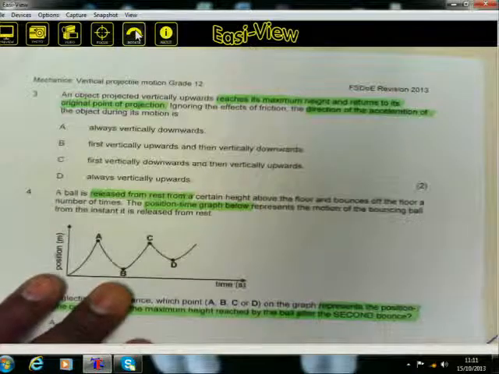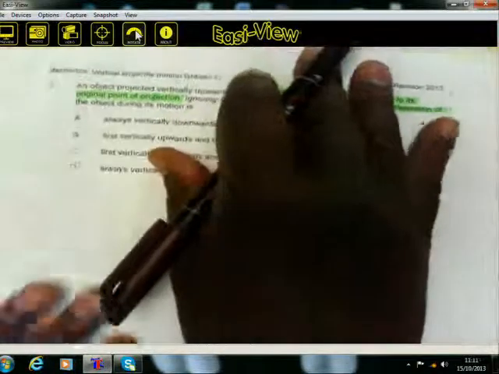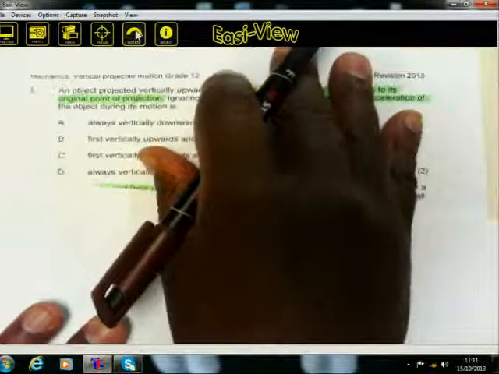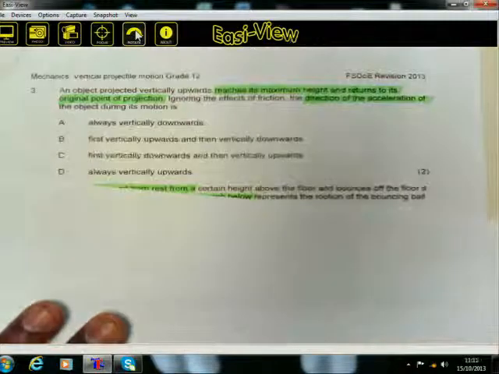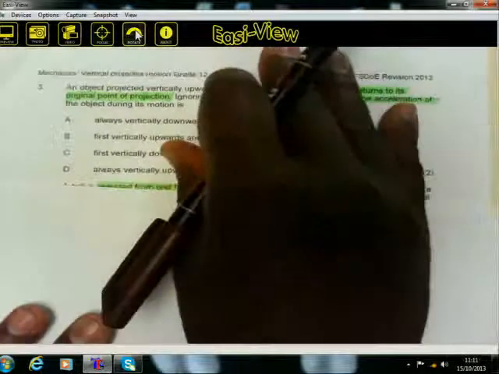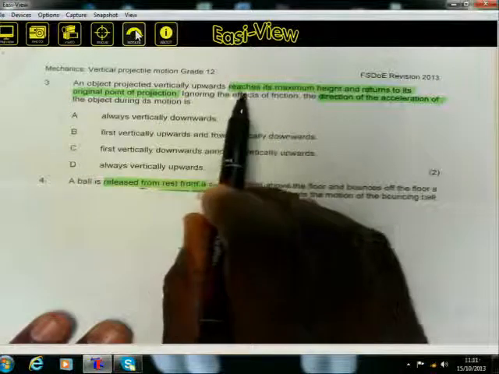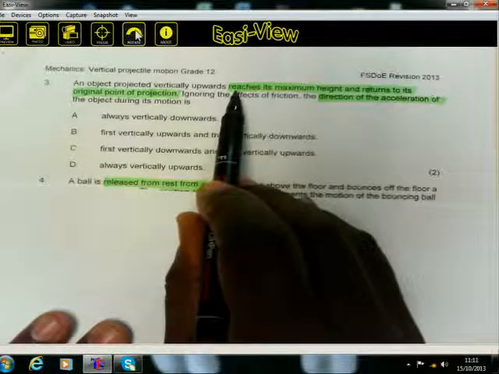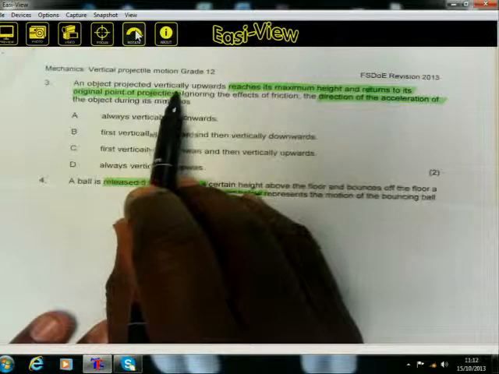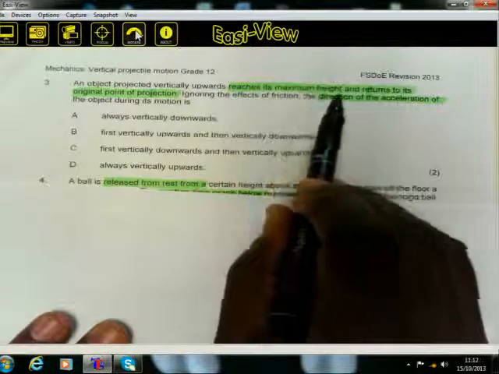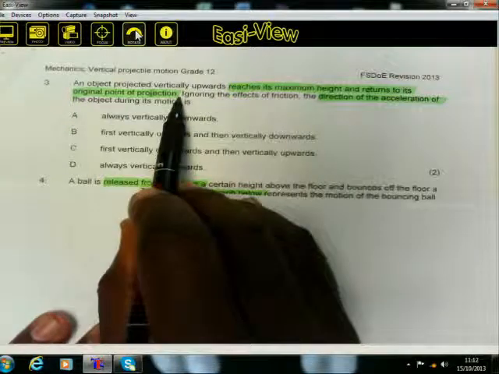Now let us look at number 3 here. It says an object is projected vertically upwards, reaches its maximum height and returns to its original point of projection.